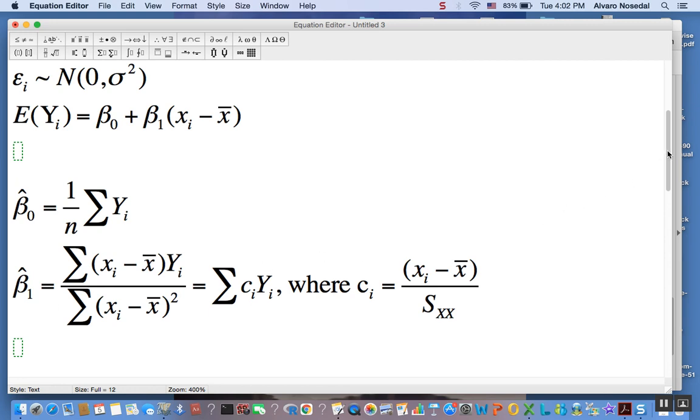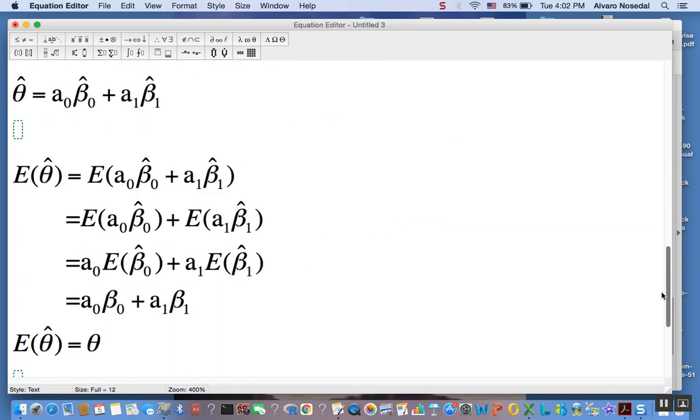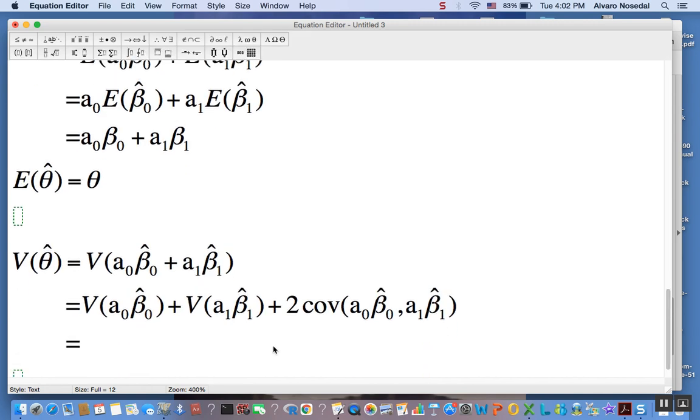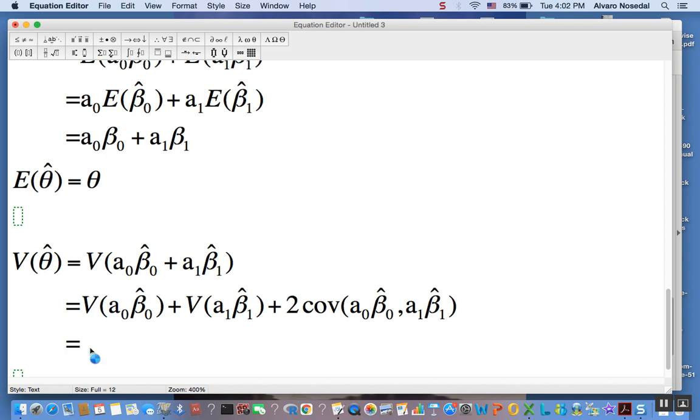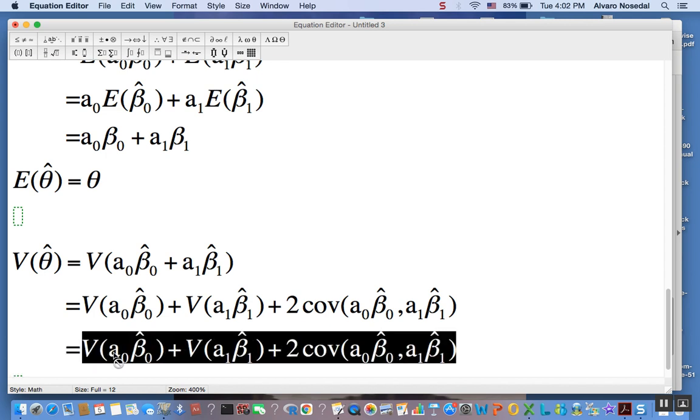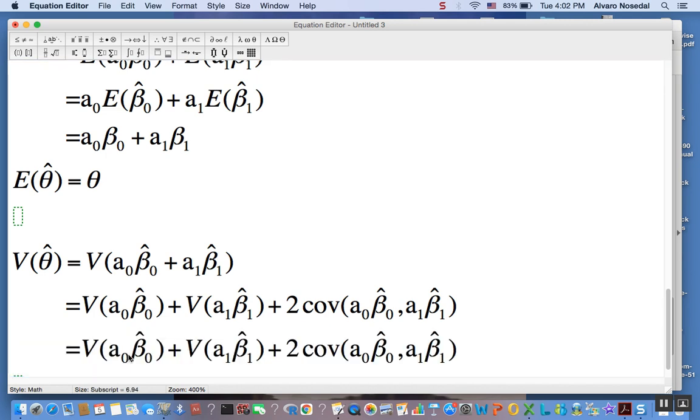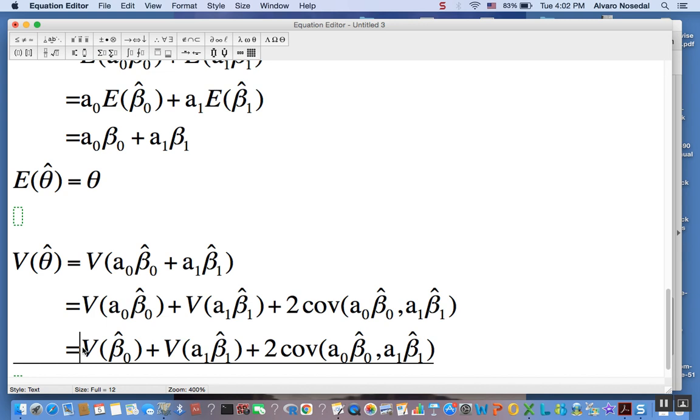Also by properties of variance and covariance, let me simplify this a bit more. When we factor out that constant, we have to square it.